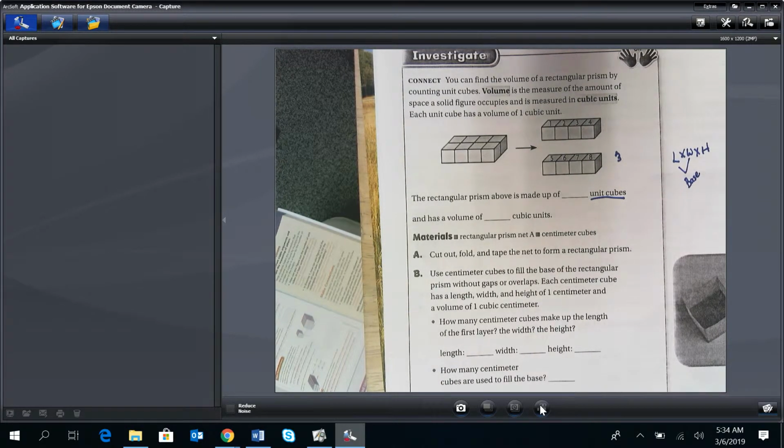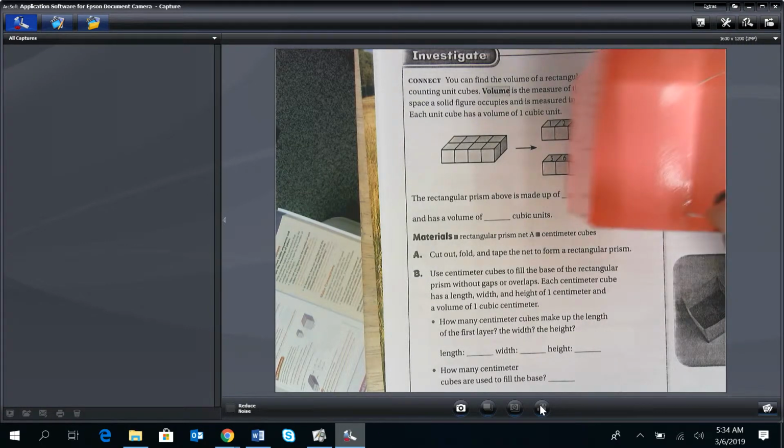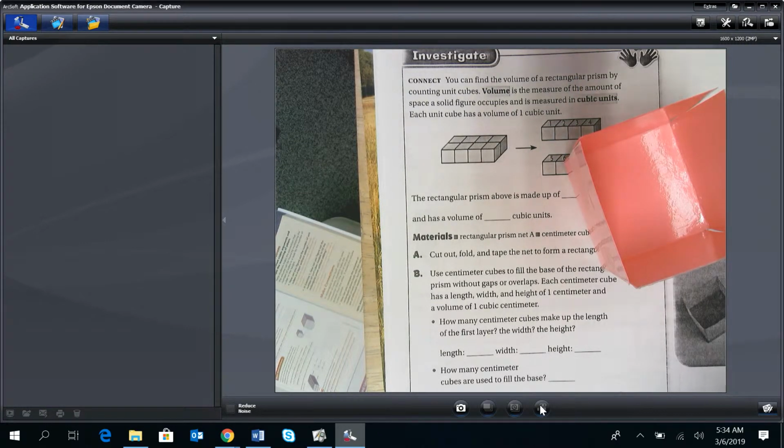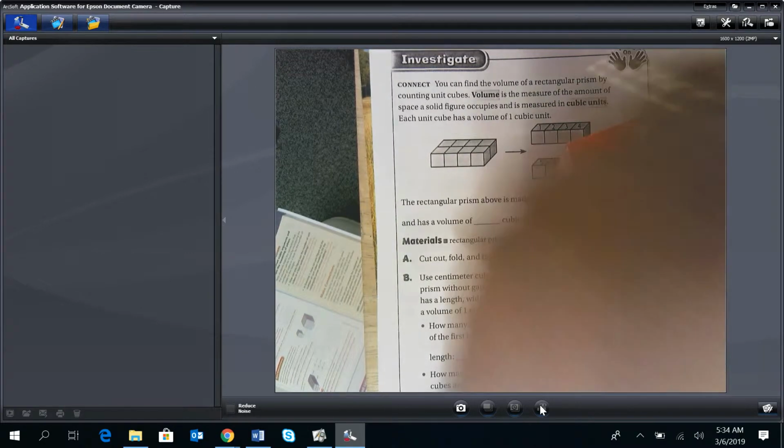All right, so we folded and taped it. We're going to use cubes to fill the bottom of it solidly.